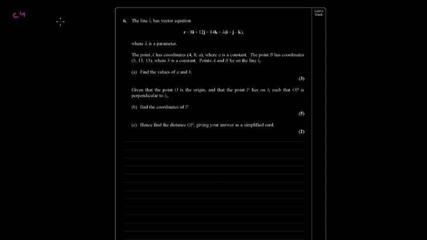In vector, if you have a line like this and suppose it passes through 2 points, A and B, and there is an origin here. This is OA, the vector, and this is the vector OB, and this is the vector AB.